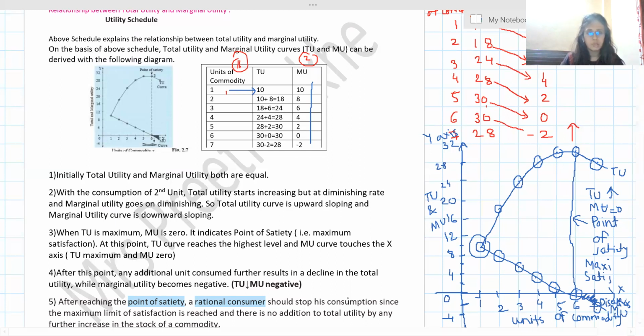Now if you see the TU and MU, you can see both are starting from the same point, that is 10. So we will say that initially both are equal. What both are equal? TU and MU. You can see here TU is also 10, MU is also 10. Both are equal.